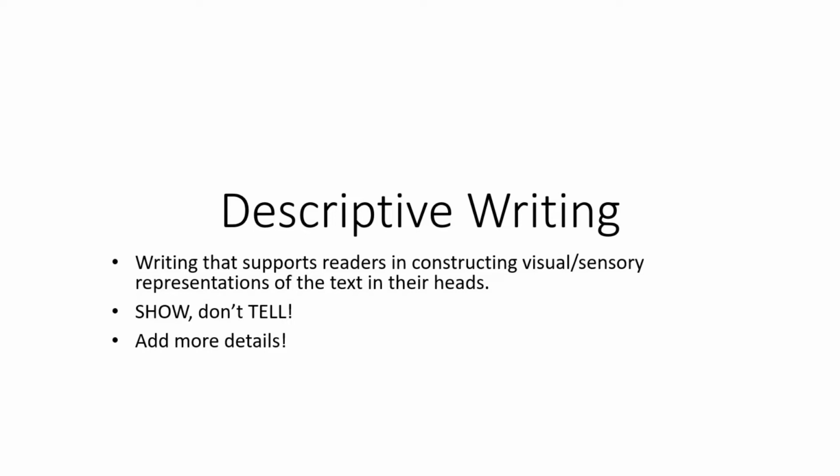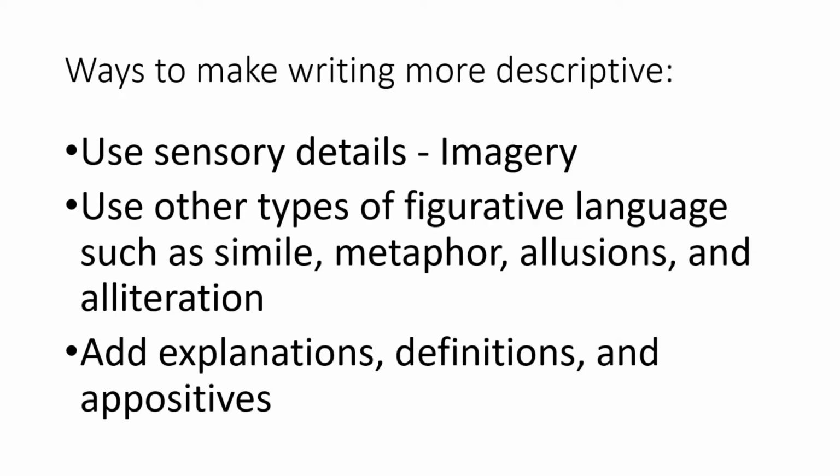And I'm going to show you how to add more details to your writing that will make it more descriptive. So these are the ways that we are going to explore adding more description to your writing today. If you want to skip ahead to one of these mini lessons, the chapters will be listed in the description box below. We are going to be looking at using sensory details, sometimes called imagery.